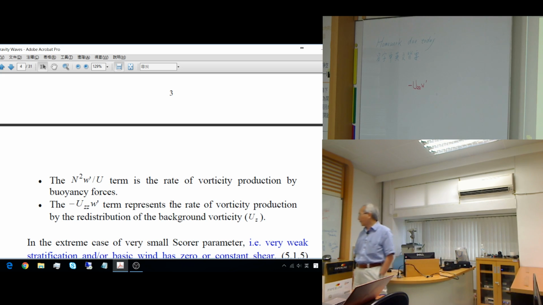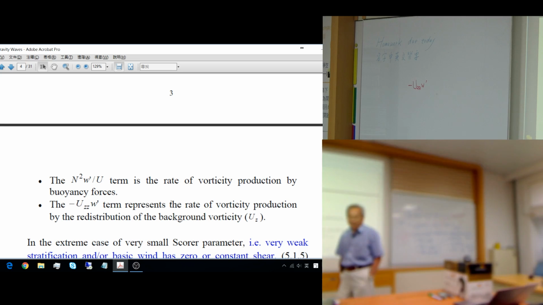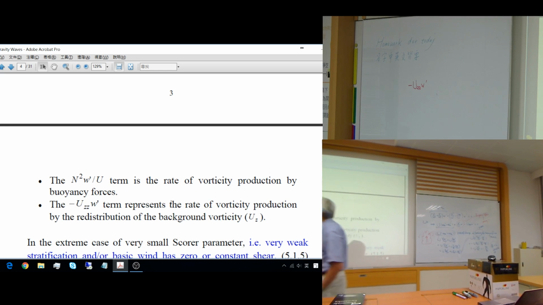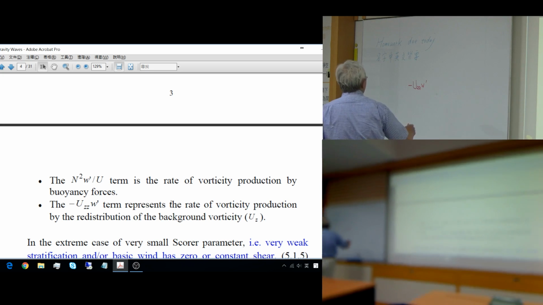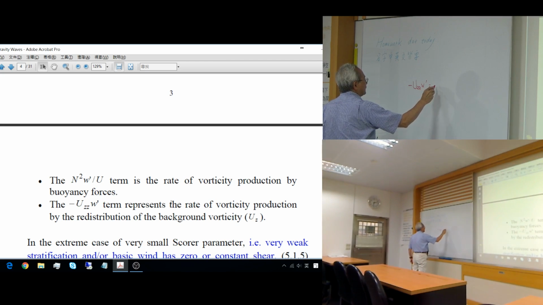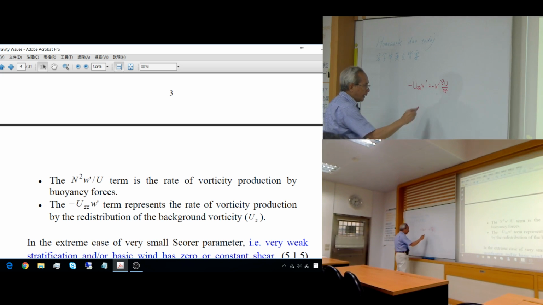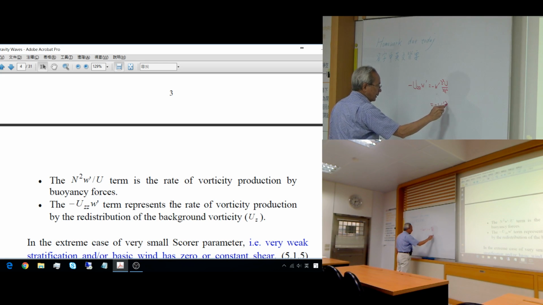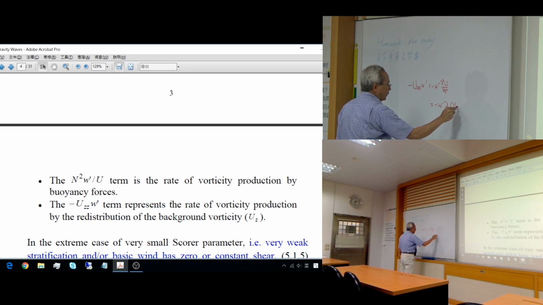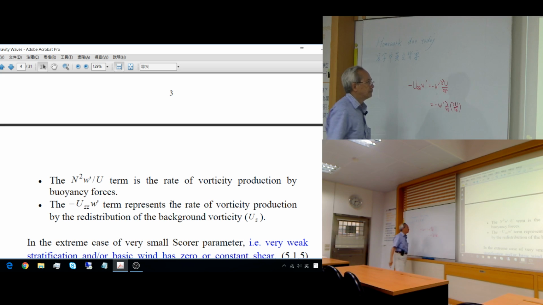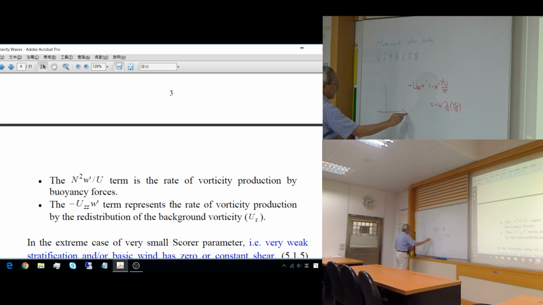By w prime, so you just have to rewrite it. Very good. So you write it this way: negative w prime squared, d u g squared. And then you write w prime, d g of u, d g. And what's the u g? So this is x, this is z, and this is u.